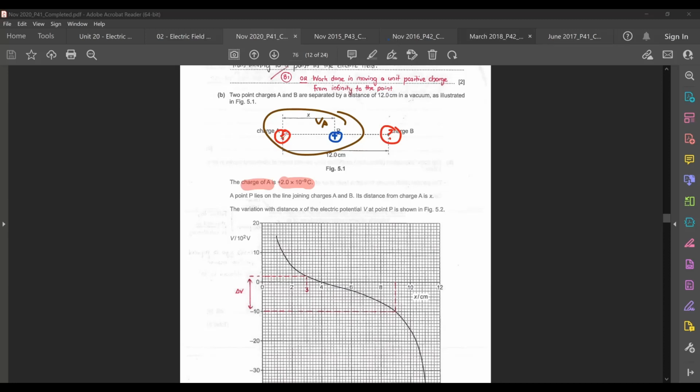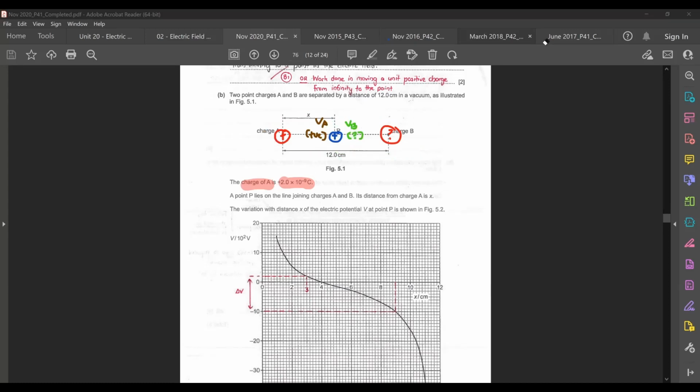But because your charge A is positive, this one you already know is positive. Then if you go on to consider the individual effects due to charge B, you would have VB here. But because charge B is unknown, you don't even know the sign of the charge. Let's just leave it as it is like this.